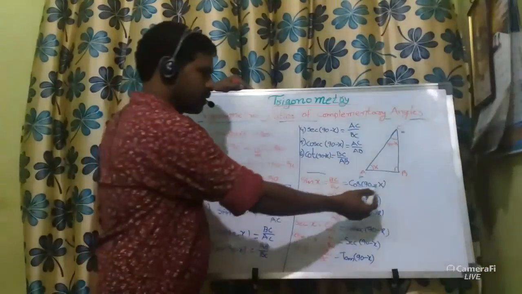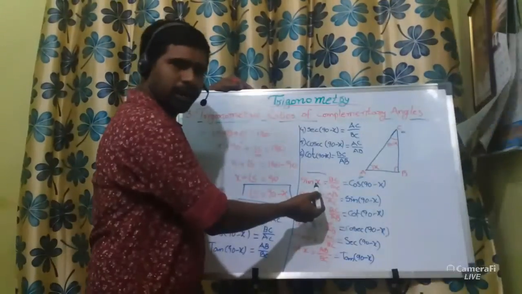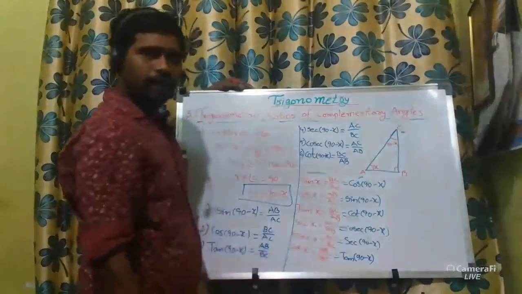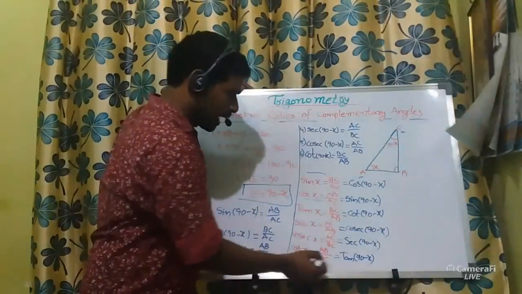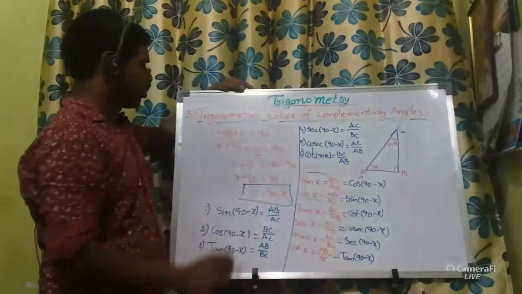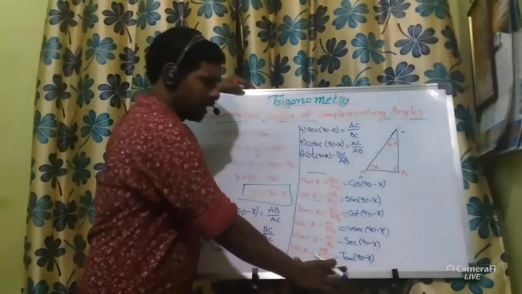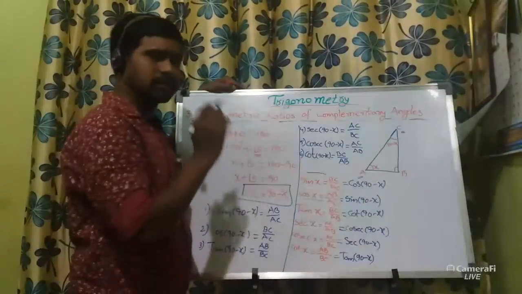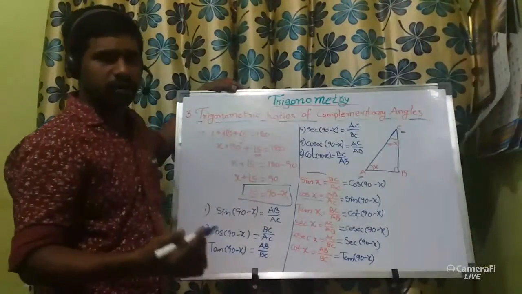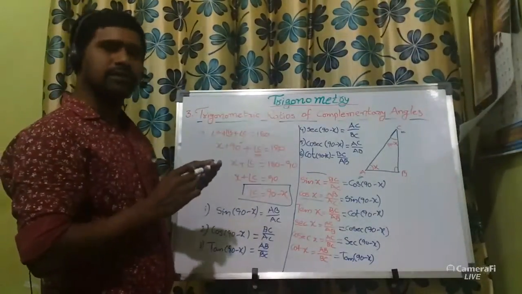Okay, x is below 90 degrees, and 90 minus x is also below 90 degrees. So these are the standard formulas for the trigonometric ratios of complementary angles. By using these formulas we have to solve some questions in that exercise 3.